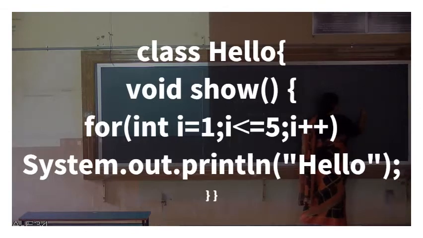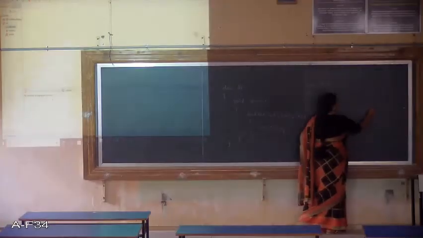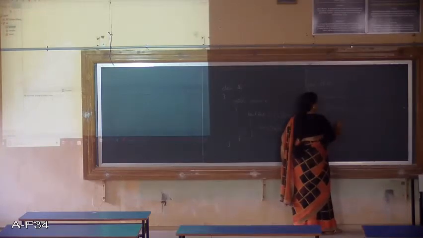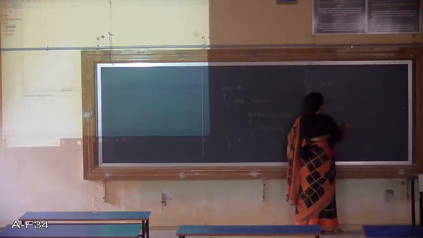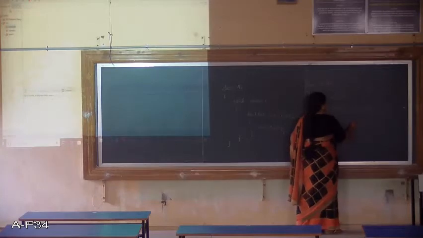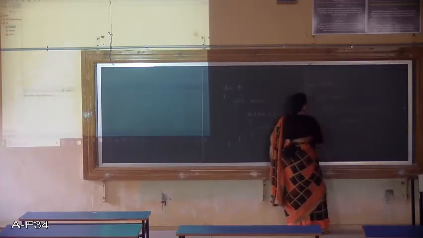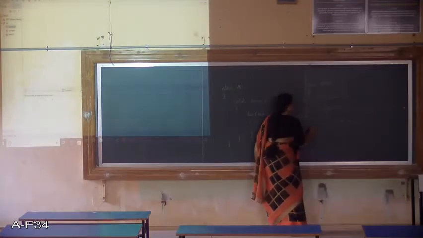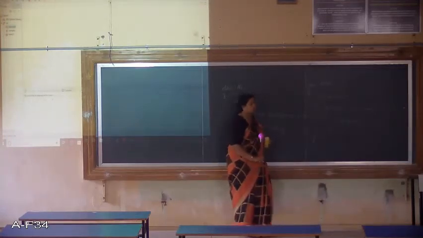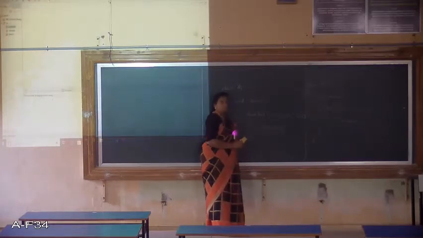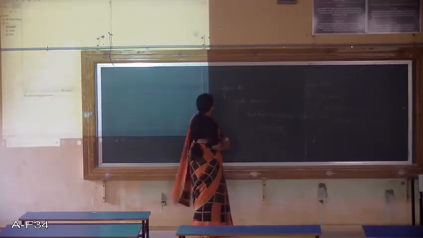So the condition is I is less than or equals to 5, I increment. So these two are the methods we have written just to print hi and hello for 5 times. And consider the main method now.